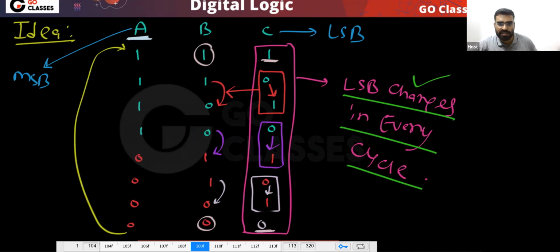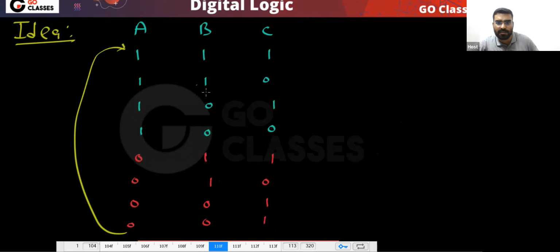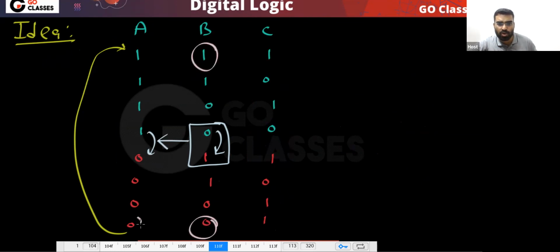Whenever this second bit is going from 0 to 1, you can notice this MSB changing.